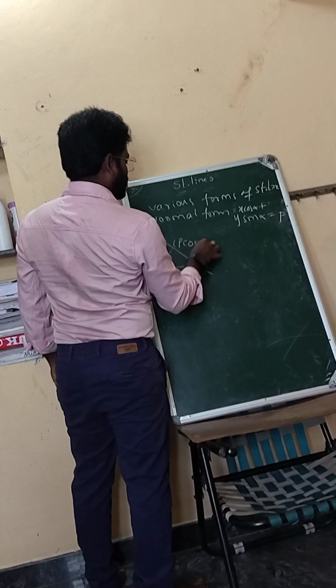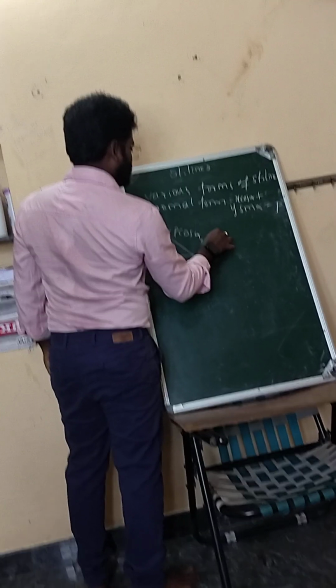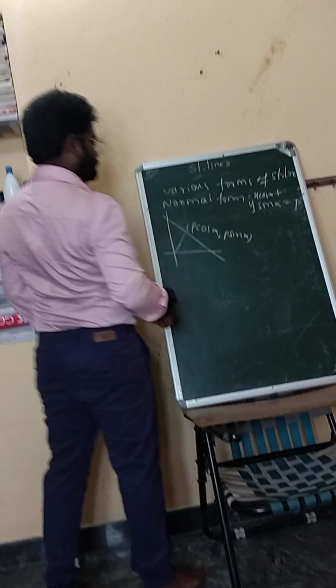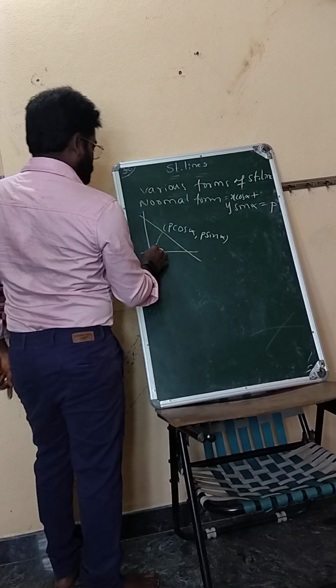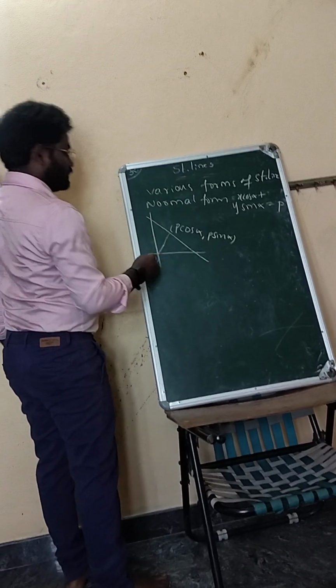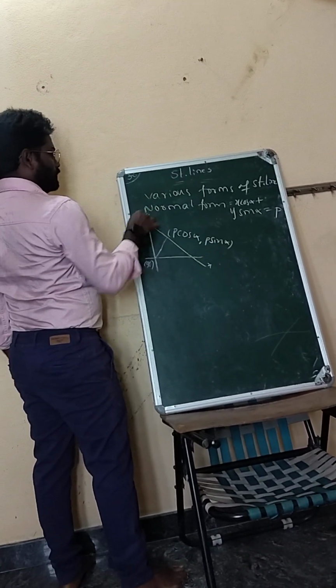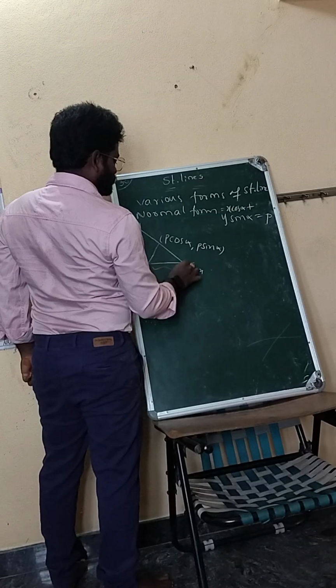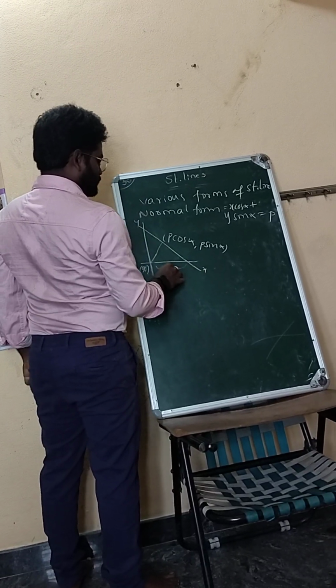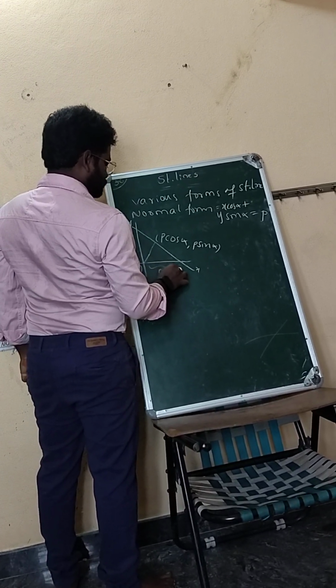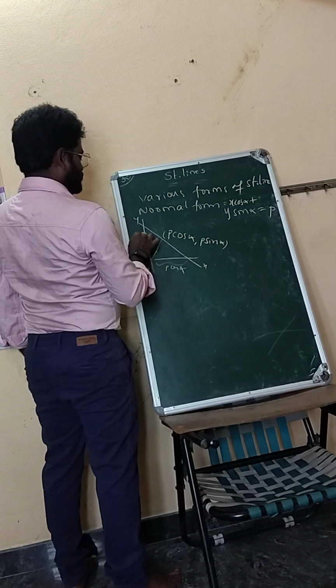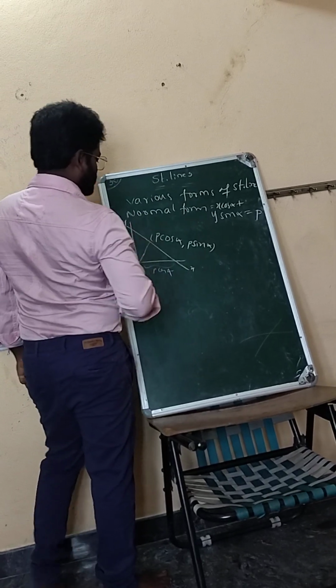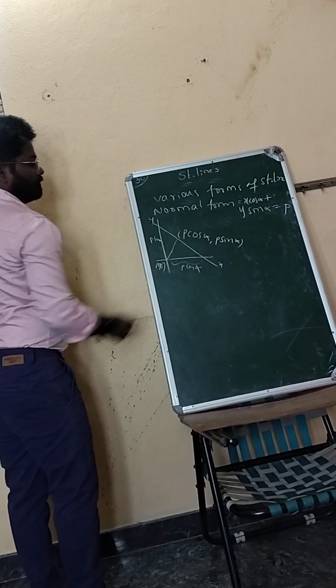P cos alpha comma p sin alpha. And this one 0 comma 0, x y. And this distance is p cos alpha, and this distance p sin alpha. Okay, this one is important.